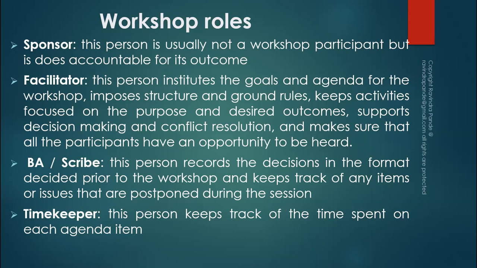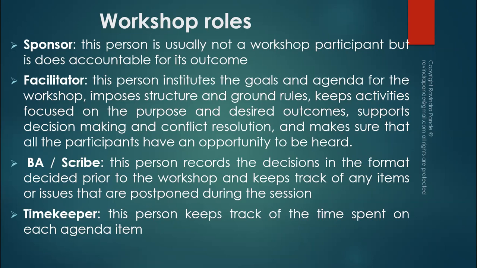Then the BA, scribe or author, who's going to write the SRS, who is owning the SRS. This person records the decisions in a format decided prior to the workshop and keeps track of any items or issues that are postponed during the session. Timekeeper. This is again a kind of Scrum Master, or you can say a meeting holder.